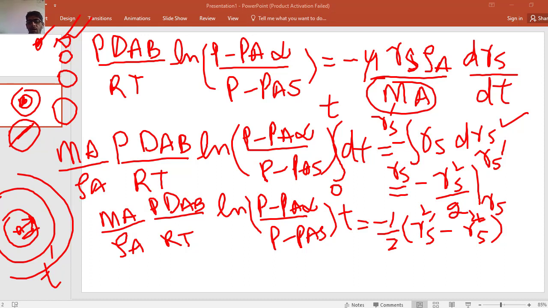So Rs dash, which is the final radius, will be 0, or nearly equal to 0. So we will assume that Rs dash will be 0.